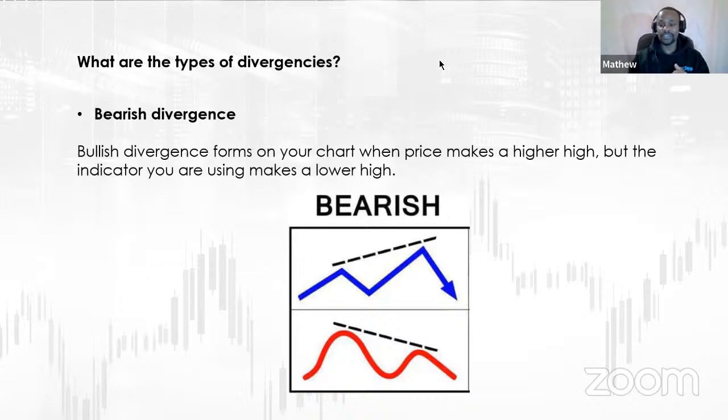As the price action makes higher highs, you realize that the oscillator is making lower highs. That is an indication of decreasing momentum, like in the case here, where you're talking about bearish momentum.